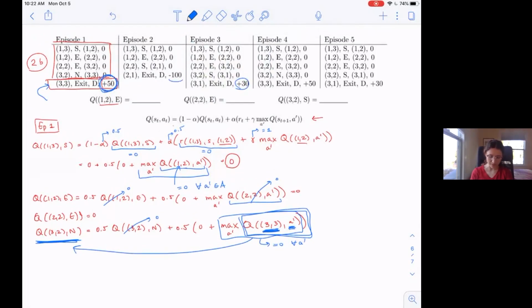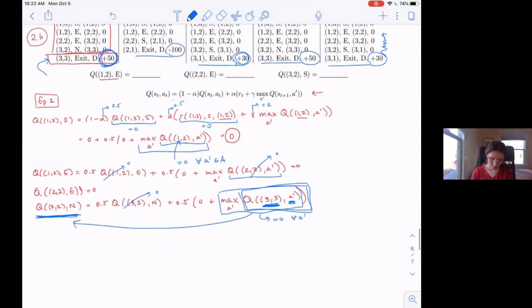So this plus 50, this minus 100, plus 30, plus 50, plus 30, eventually work their way back through the other states that depend on the values here at the exit states. But it's going to take a few iterations to have those numbers actually propagate. So let's erase all this stuff here.